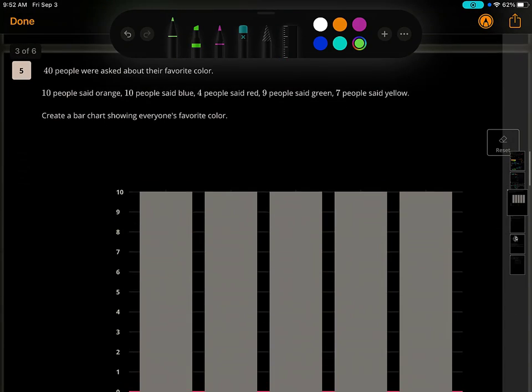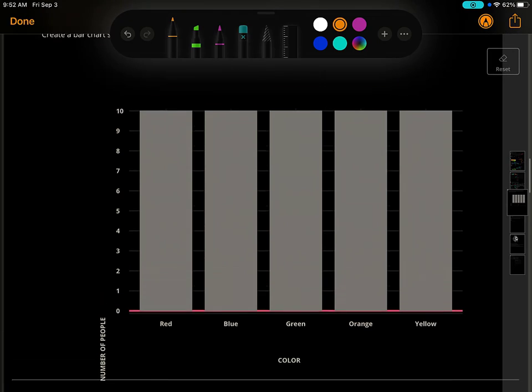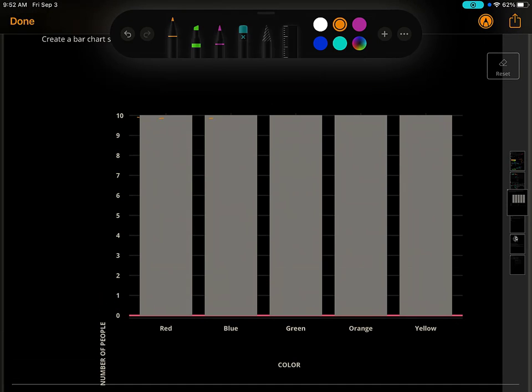Okay, question number 5. 40 people were asked about their favorite color. 10 said orange. So I'm just going to go to the 10 here, and you should have something that looks like that. So if I did this one thicker, it's supposed to be orange.